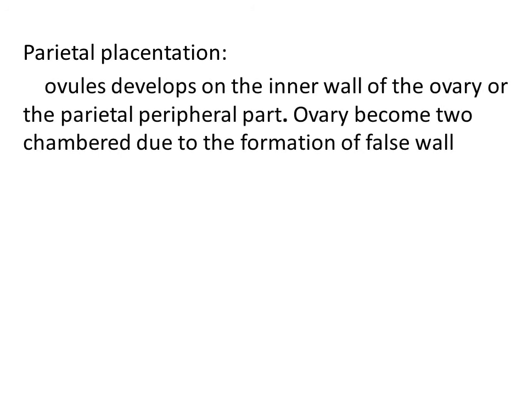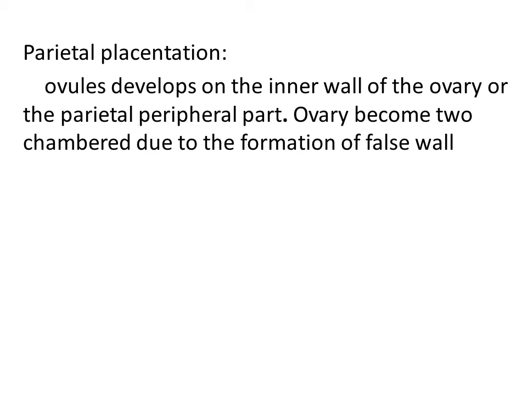In case of parietal placentation, ovules develop on the inner wall of the ovary. Inner wall is nothing but the peripheral part, right? The ovary consists of an outer wall, and the placenta forms the inner wall of the ovary. To the inner wall of the ovary, ovules get attached. Clear?